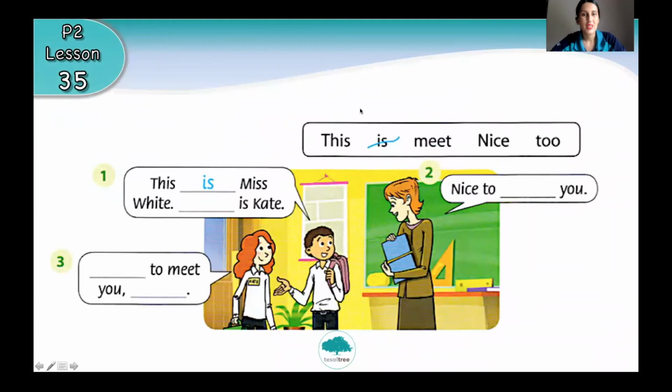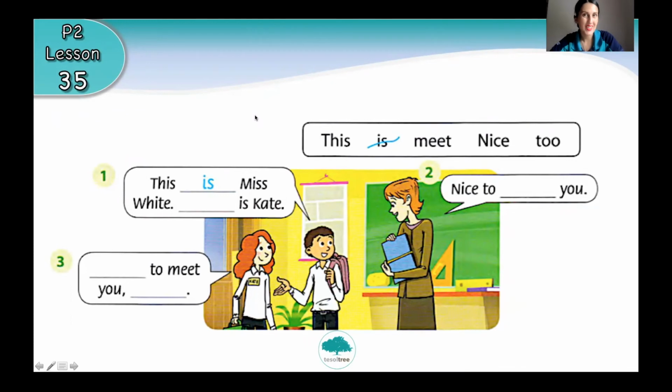You can see a box with the words. And you need to look at the conversations. So, you have to choose the word, only one word, in the box and fill in the gap. Okay, are you ready?